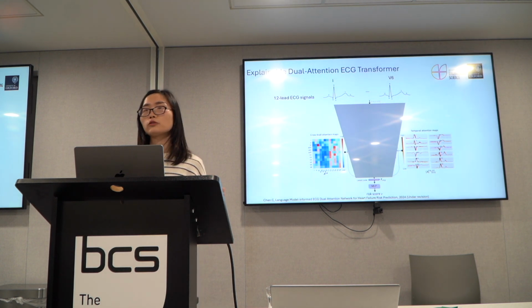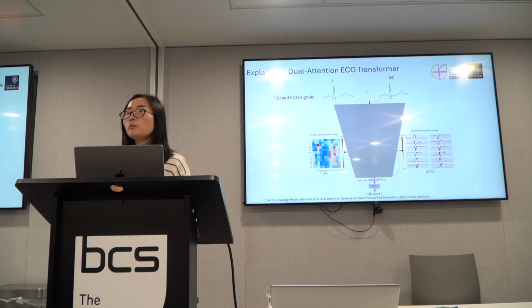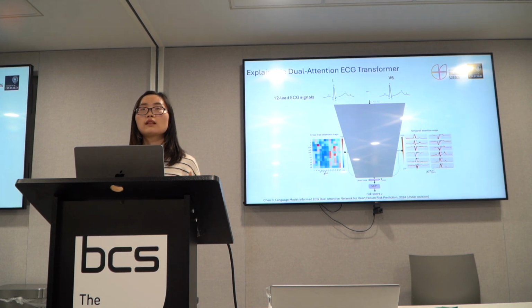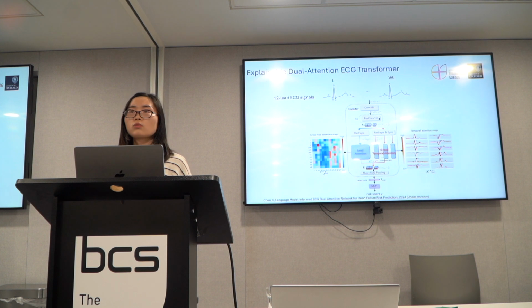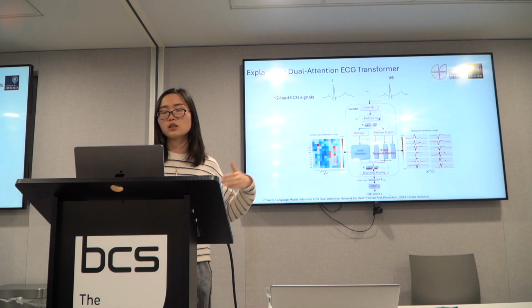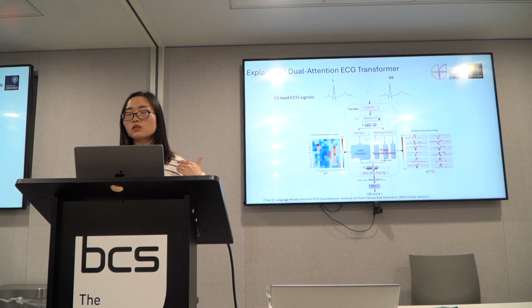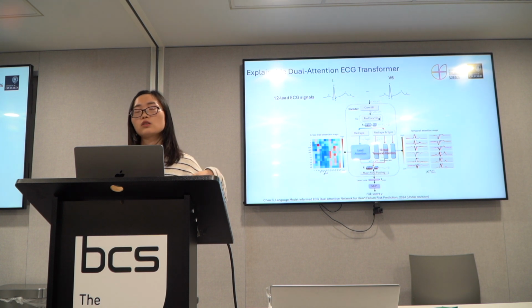Although you have very powerful models, what about its performance on a specific input, which is the one that the clinician really cares about? So we built a specific ECG transformer which tries to visualize and understand the cross-lead interactions.